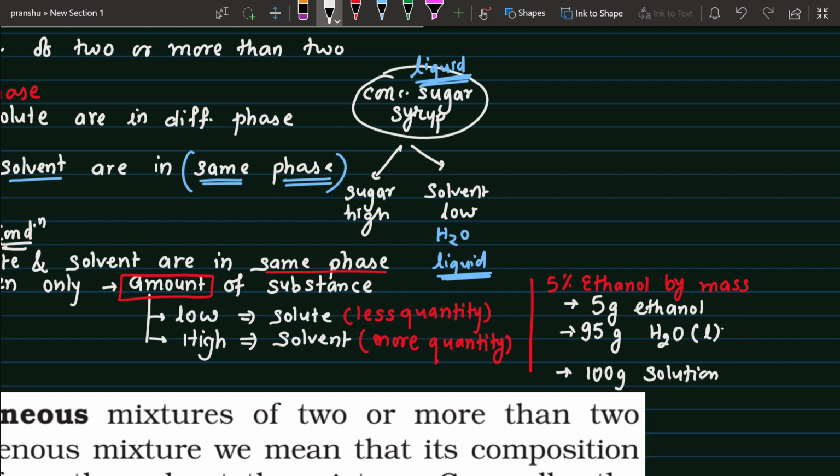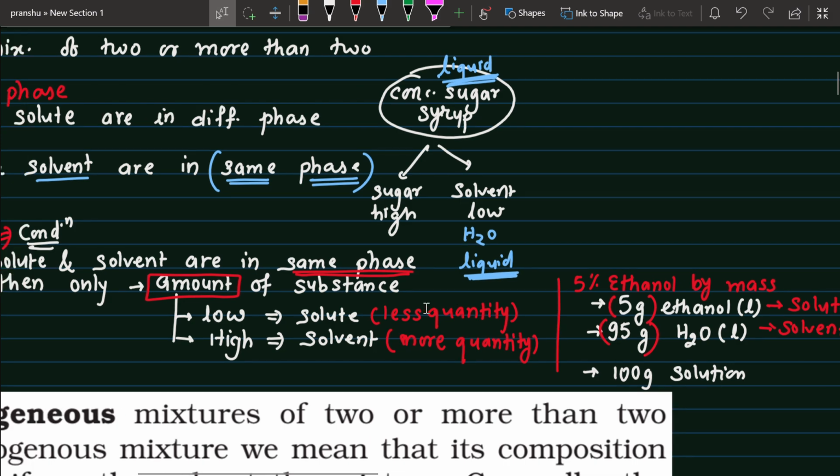Now this is liquid and this is also liquid, so all are in the same phase. In that case the component present in less quantity is called the solute and the component present in high quantity is called the solvent.